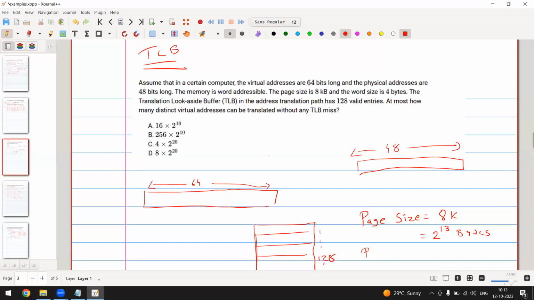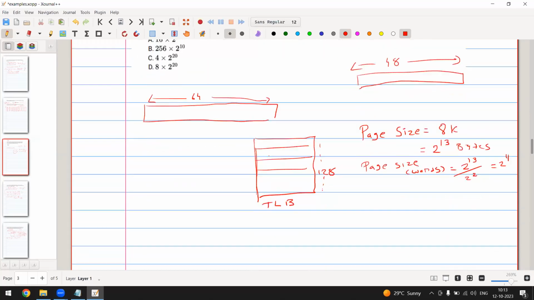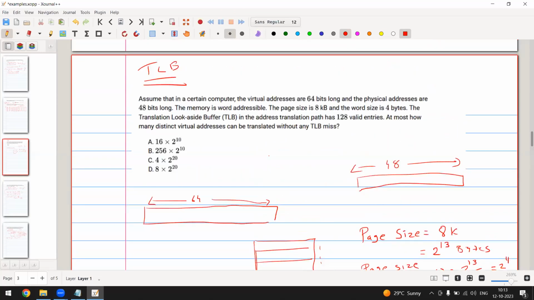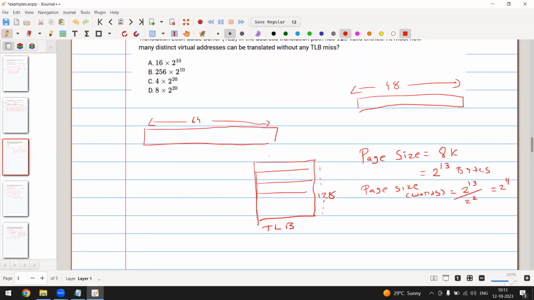So page size in words is 2 raised to 13 divided by 2 raised to 2, that is 4, which is equal to 2 raised to 11. In words, because one word is equal to 4 bytes. You have to find everything in one unit, and here the unit of addressing is word.